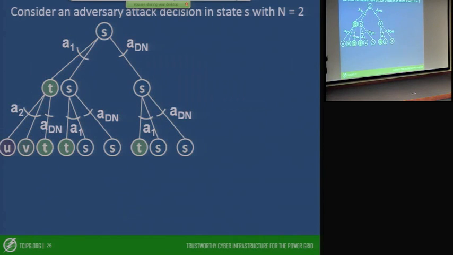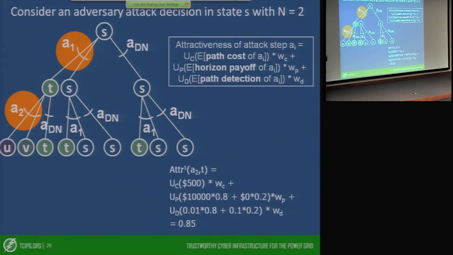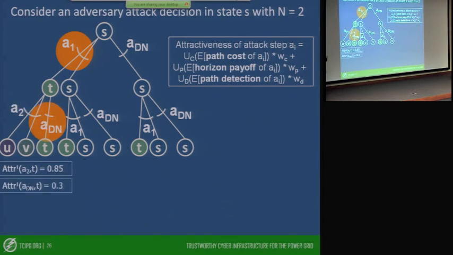It gets a little more tricky when you want to look n steps ahead. So you remember that's the equation. We go through the computation. In a sense, what you do is you recurse down the tree, computing attractiveness at the lowest level. We've computed the attractiveness of these two attack steps. Among these two, we choose the most attractive one.